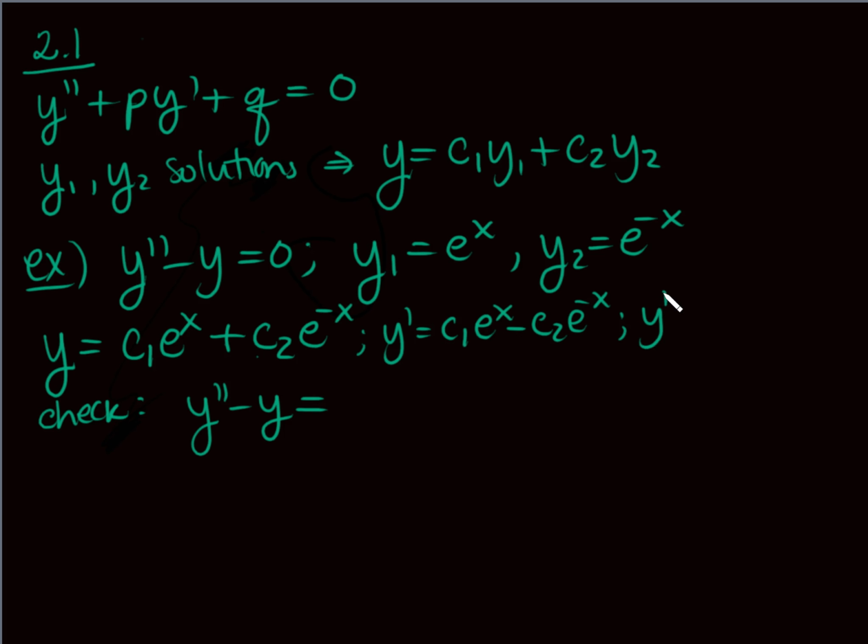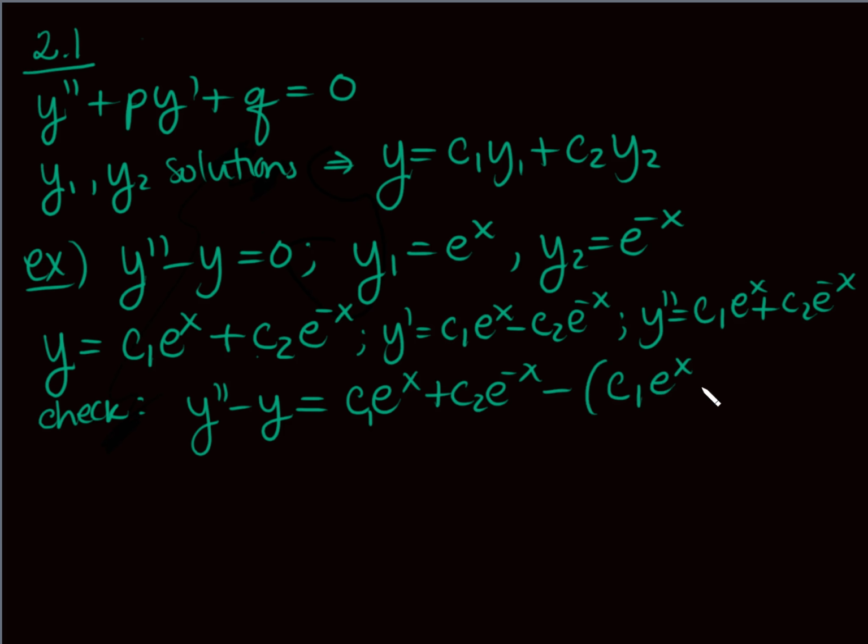And y double primed then is c1 e to the x plus c2 e to the negative x. So when I take y, I get c1 e to the x plus c2 e to the negative x, and I subtract y double primed, which obviously is 0.